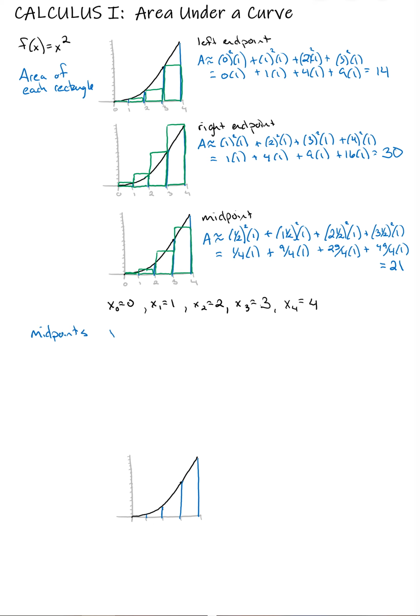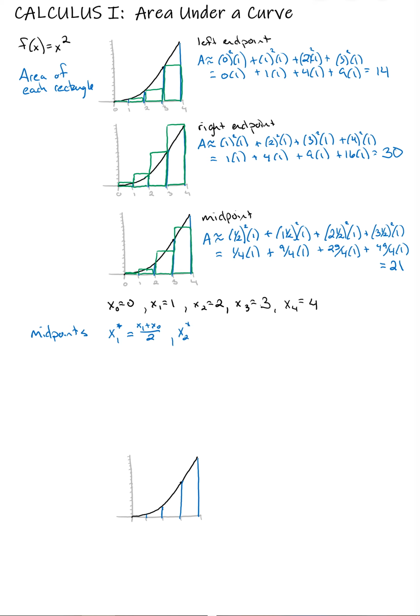We'll call them x, the midpoint in the first section is x sub 1, but I'll call it a star to identify it's the x that we're going to choose within that interval. So x sub 1 star, we take halfway between x0 and x1. Well, a midpoint is adding the two and dividing by 2.